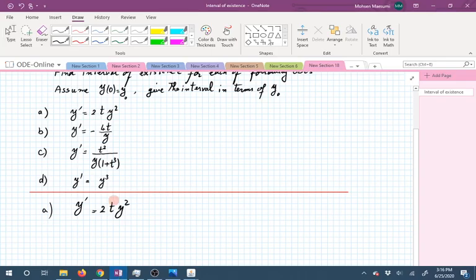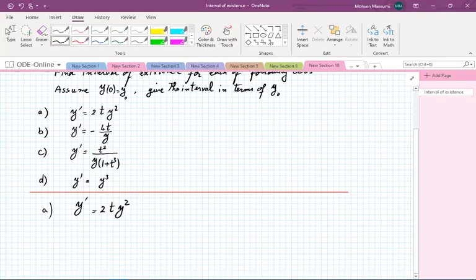All of these are separable. So let's go ahead and separate them. So dy/dt is equal to 2ty squared. I rearrange it, so it becomes dy over y squared is equal to 2t dt.